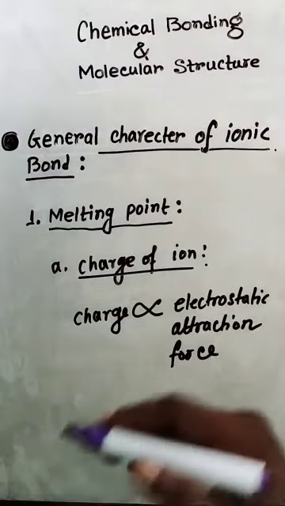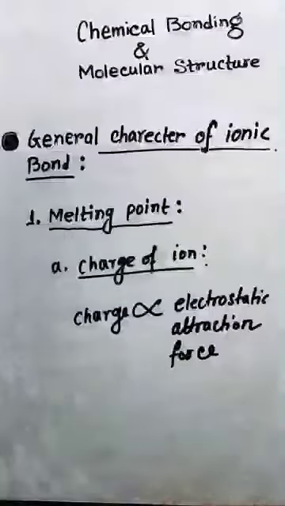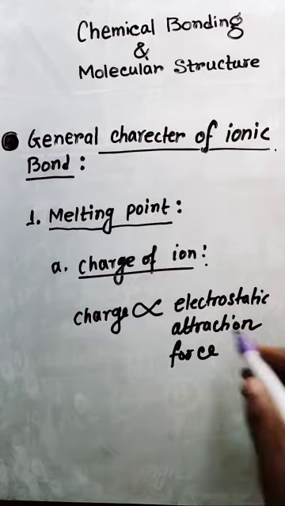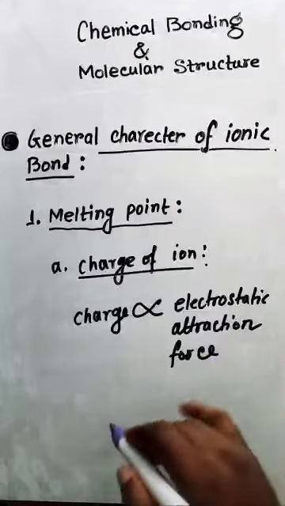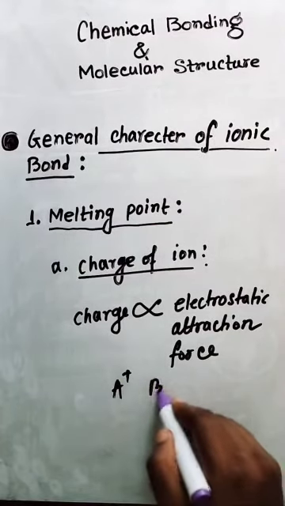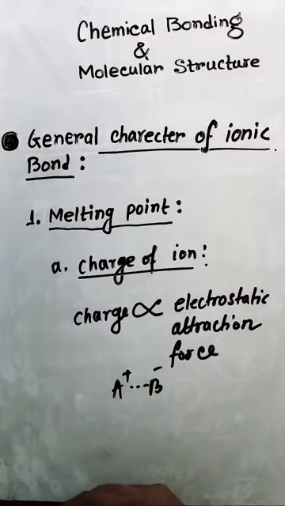So the greater the charge, the greater the electrostatic attraction force, that is the attraction between cation and anion. And if the electrostatic attraction force or Coulombic attraction force increases between a cation and anion, then they require more energy for melting of this ionic compound.